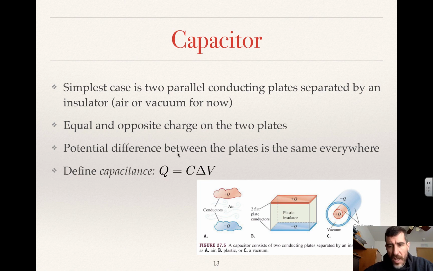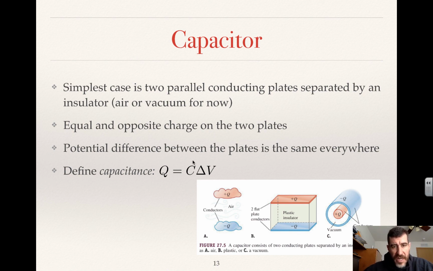Which is convenient. So since the potential difference is the same everywhere between the plates, we can define something called the capacitance C, and that's a constant of proportionality that tells us about the stored charge. This is how capacitance is defined. The charge stored, this capital Q, is the absolute charge stored on one of the plates, since the net charge is 0.